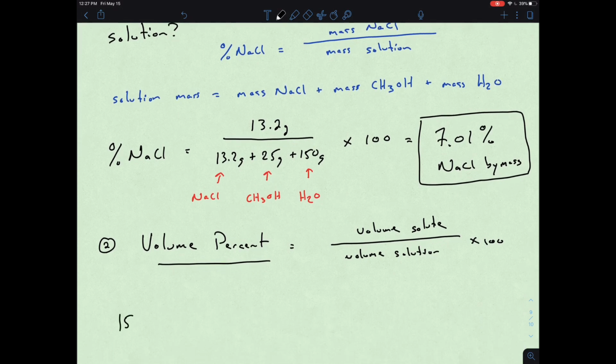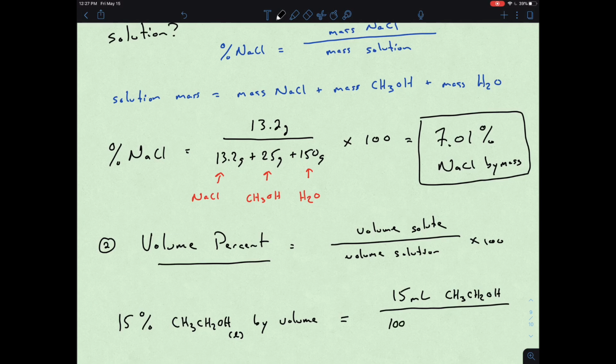If we have 15% ethanol by volume, that would be the same as saying I have 15 milliliters of my ethanol for every 100 milliliters of solution. So really these are conversion features for us.